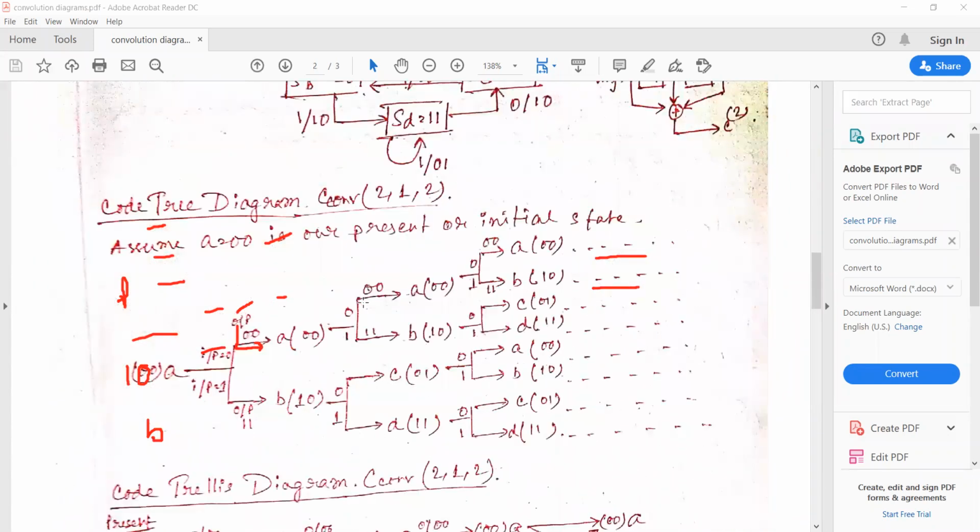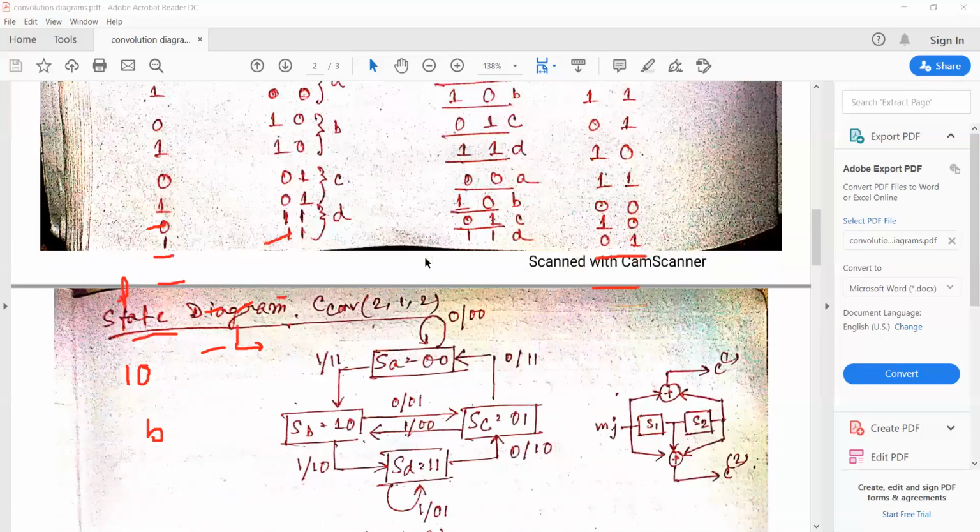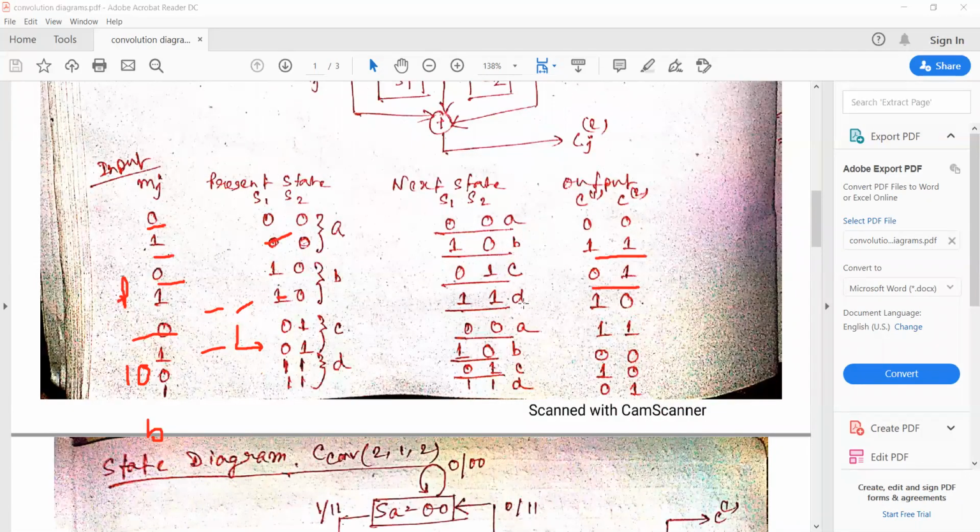So here, if this is B, then this will be C when you give 0 as input, and this will be D when the input is 1.